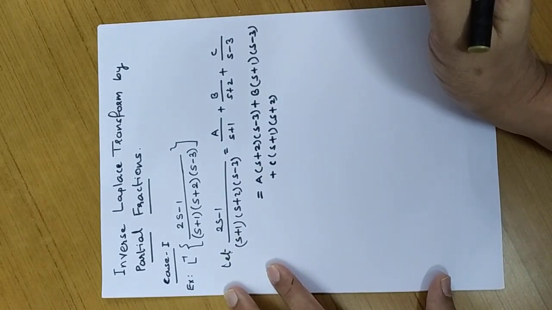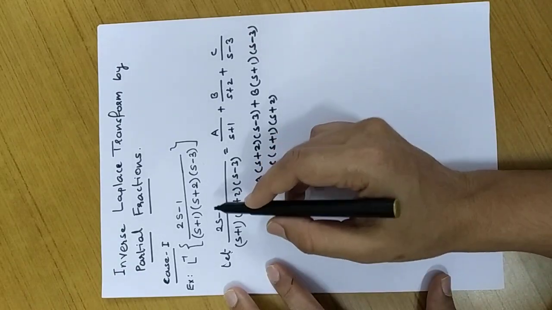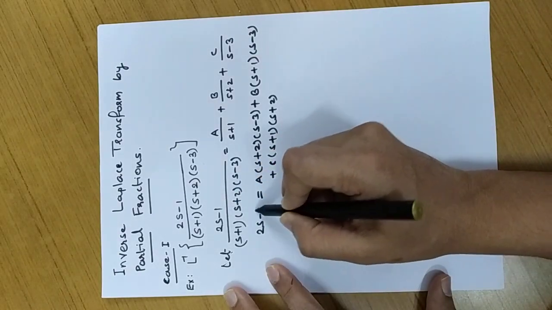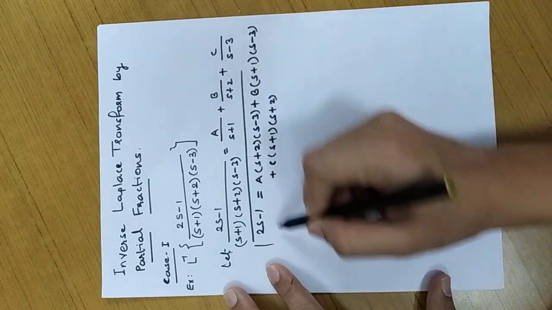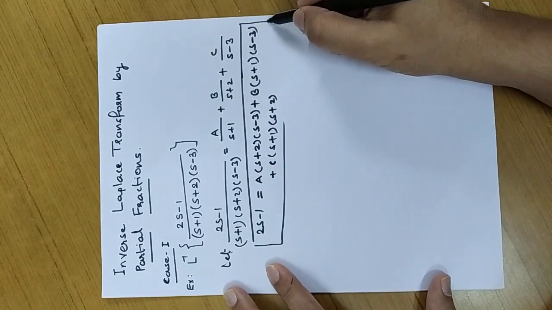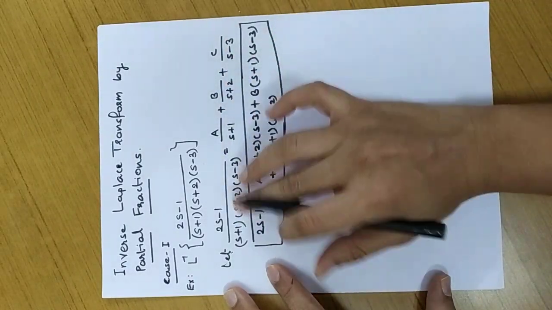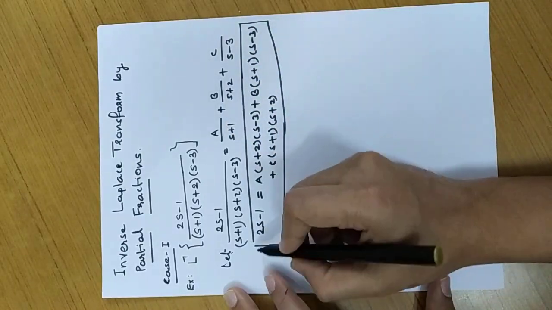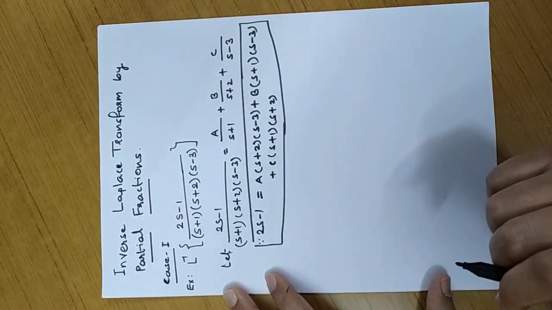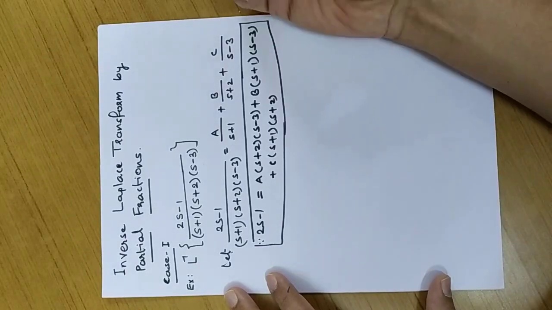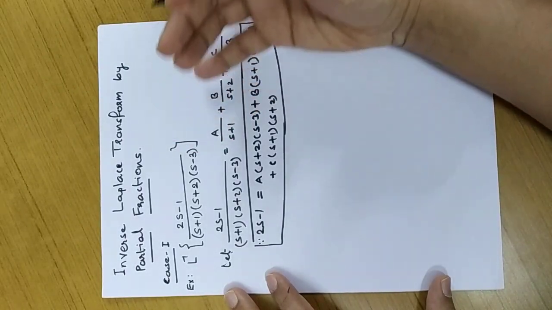The left hand side numerator is 2s minus 1. We cancel the denominator because it is the same on both sides, so we have this equation. Ultimately we want to find the particular values of A, B and C.